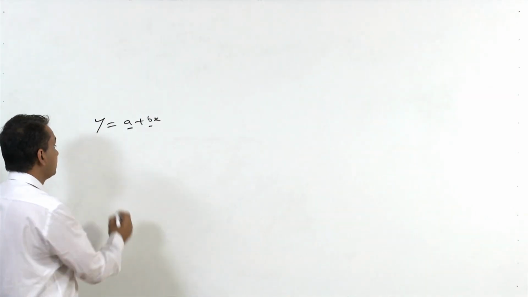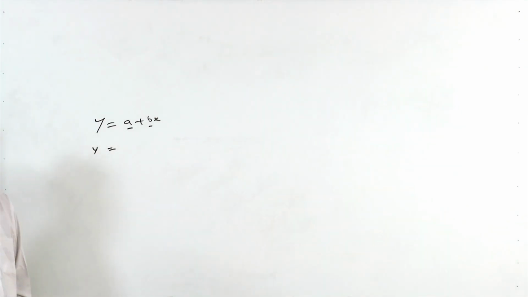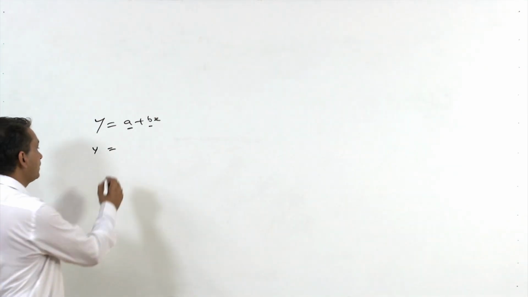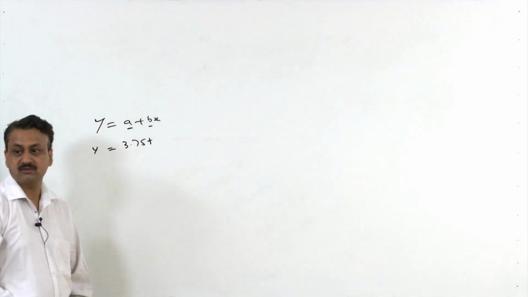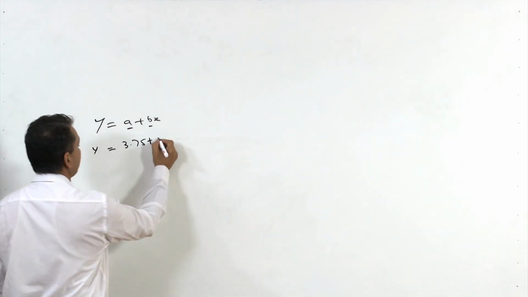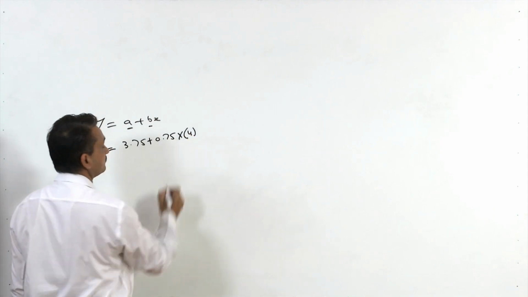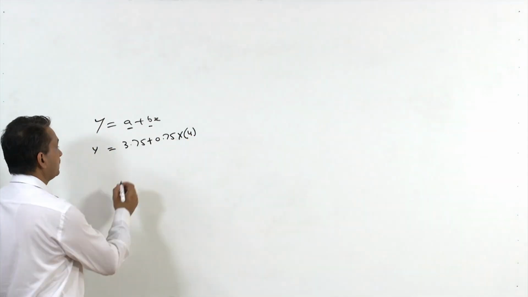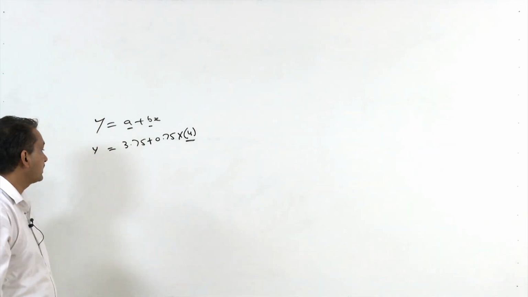So, y is equal to a, which is 3.75, plus b, which is also known to you, 0.75 into 4, because you want to find the expenses for a 4 years old truck.